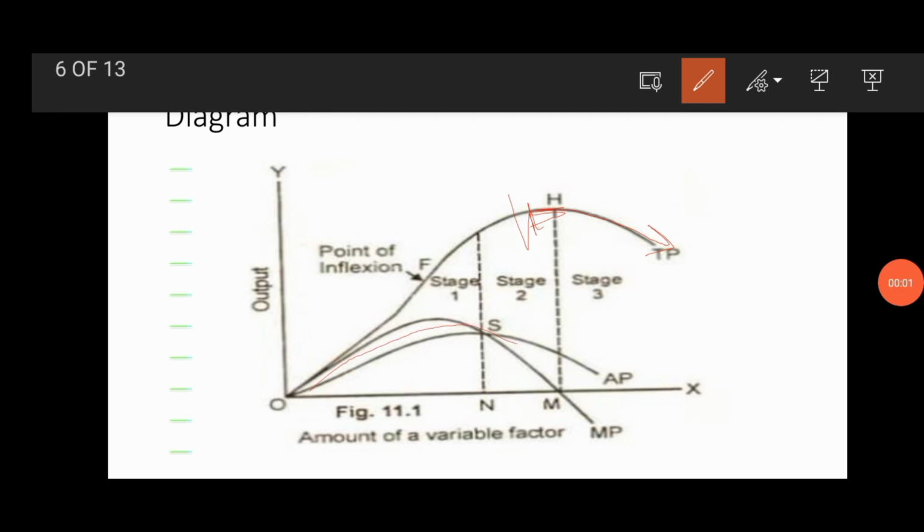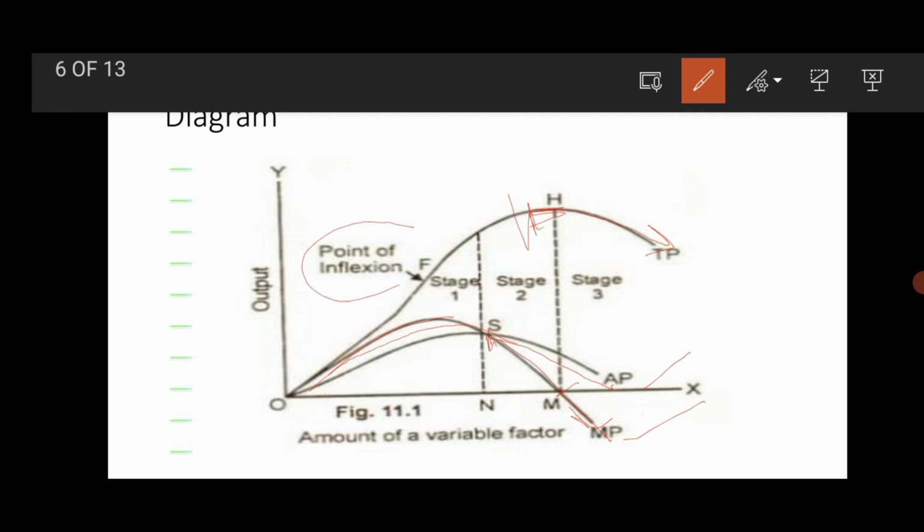And in case of marginal product we can see that initially it increased, and after that it starts to diminish, and it became 0 here, and then it starts to decline. And average product goes on increasing till stage 1, then it starts to diminish, and at the end of stage 1 we can see that AP is equal to MP.